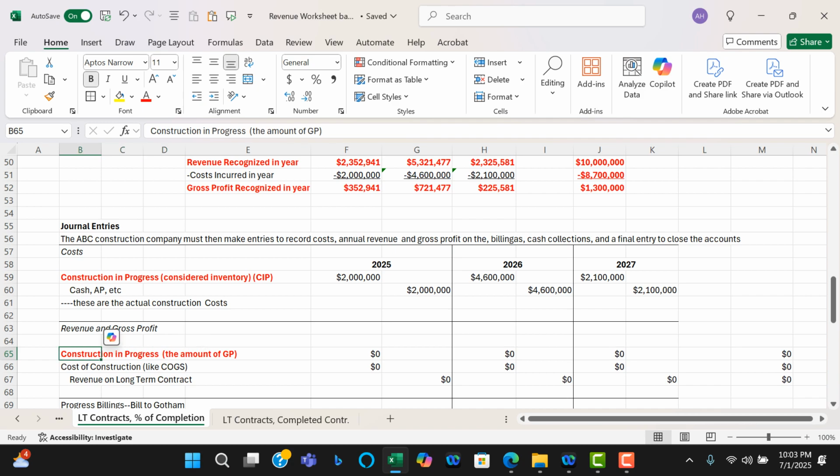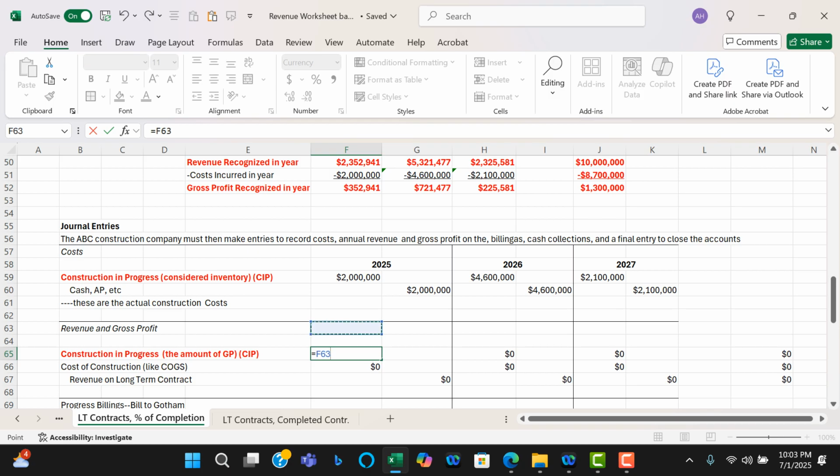This is the same CIP, construction in progress, CIP. It's the same account. So we're putting in there both the cost and the gross profit. And if you think about it, your total cost plus your total gross profit is going to equal your total revenue at the end.